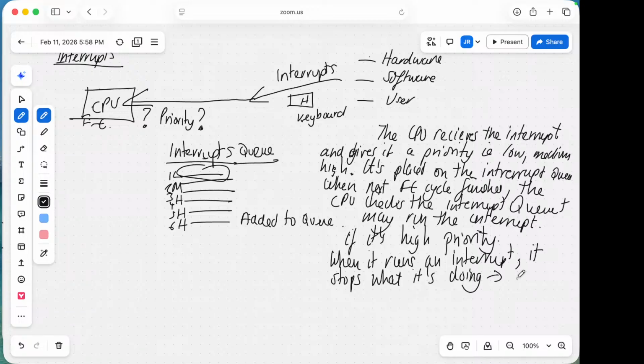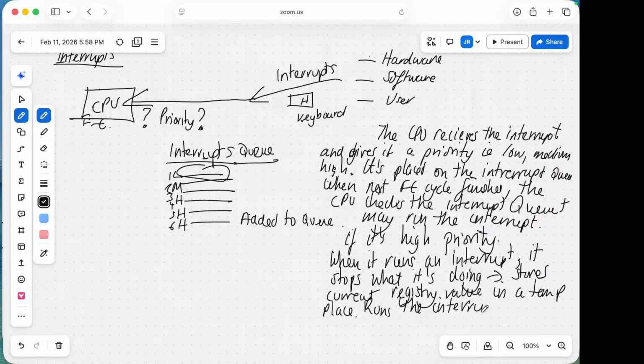So it stores current register values in a temporary place, runs the interrupt, and then goes back to what it was doing previously. We've already got our 5 marks, by the way.